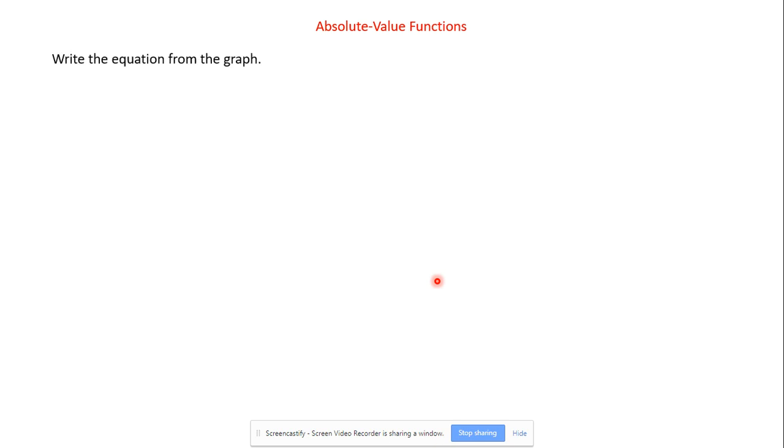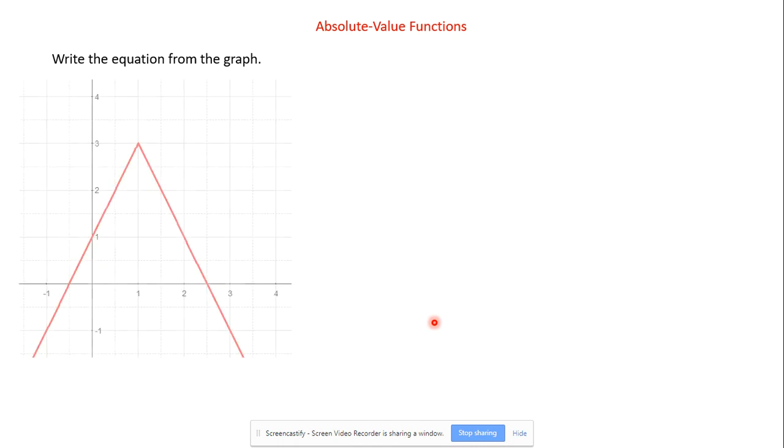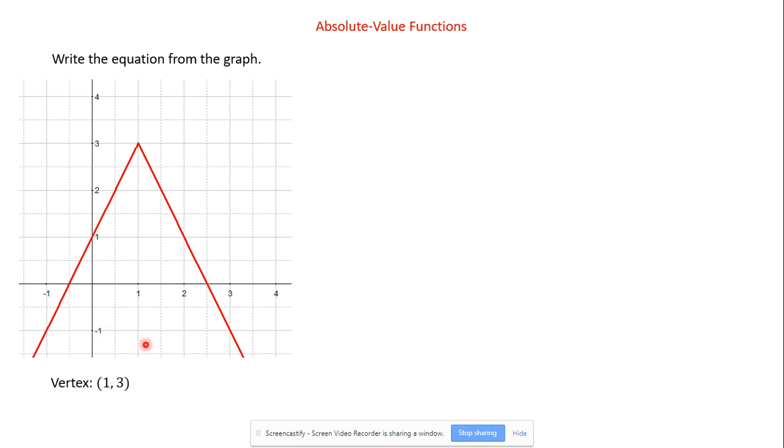And so, if we want to write an equation from a graph, here's a graph. We want to write the equation. We need two things. We need the vertex, and we need the slope of the right-hand side. So our vertex here is at 1, 3, and the slope, let's see, we have this point, so to go over 1, we go down 2 over 1.